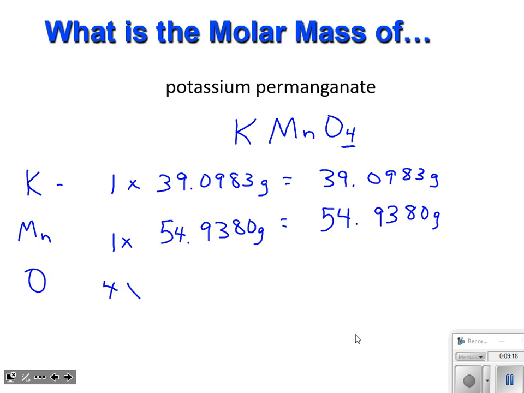So I'm going to take 4 times 15.9994, which is the mass of oxygen on the periodic table. I multiply those together. 15.9994 times 4. I'm going to get a value of 63.9976.